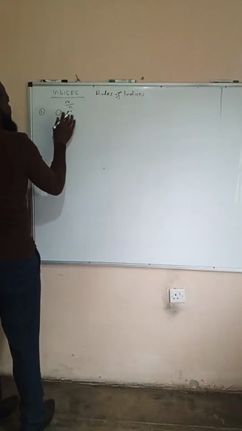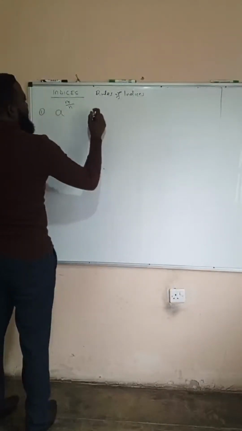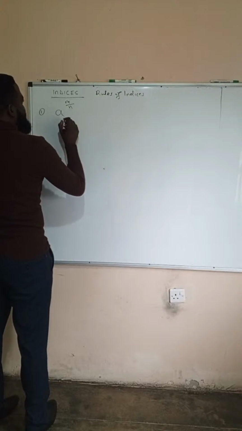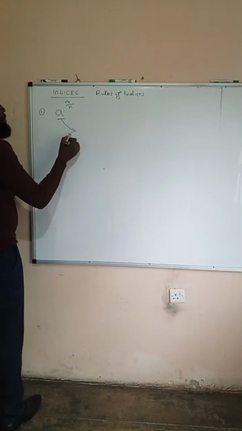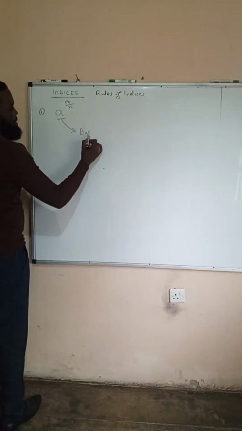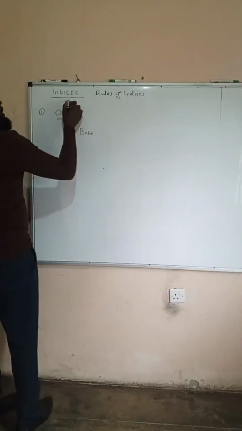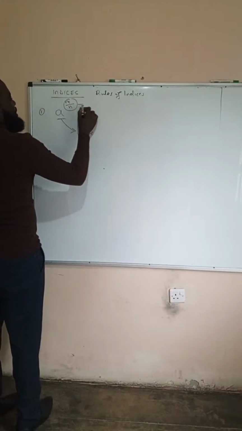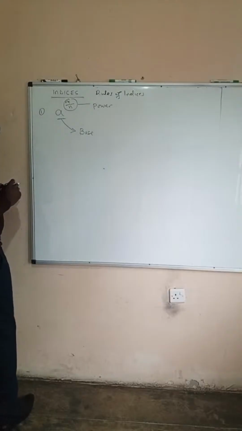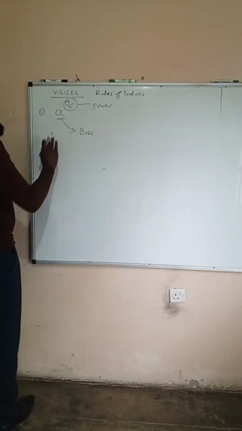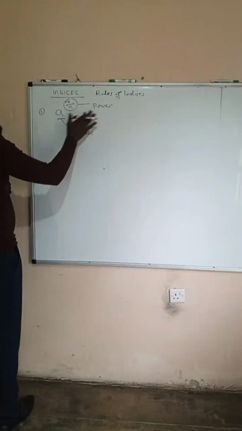So even if I write this or I write this, it's the same thing. This part down is called the base, and this part on top is called the power.